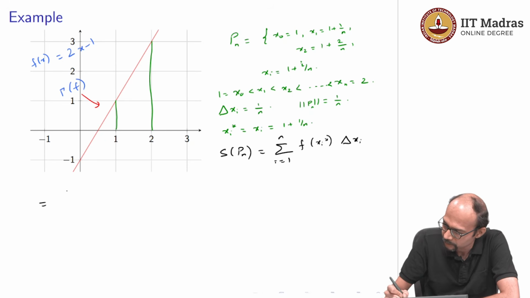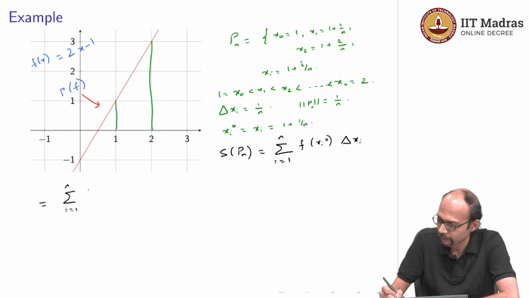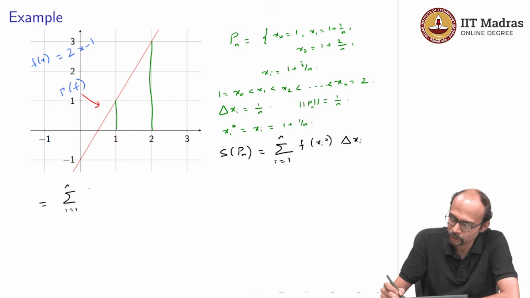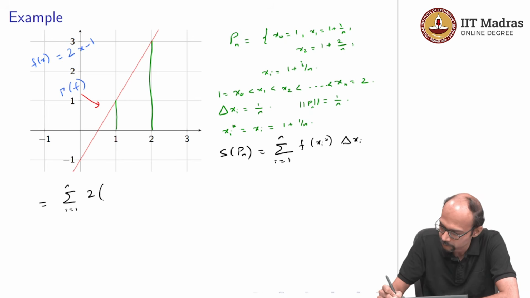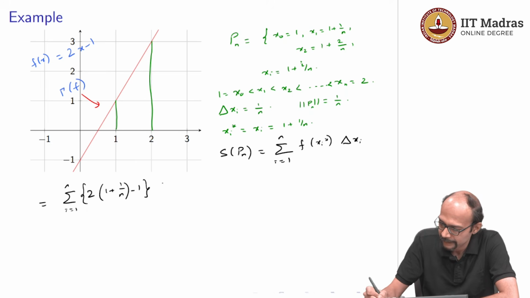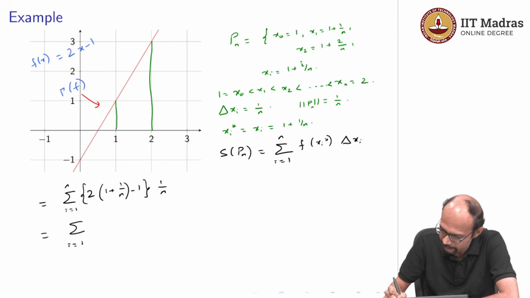So, what does this give us? This gives us summation i equal to 1 through n f of x_i star, but x_i star is 1 plus 1 by n, and f is 2 times x minus 1. So, this is 2 times 1 plus 1 by n minus 1, that is the value of f of x_i star, and times delta x_i, which is 1 by n. Well, let us see what we get.